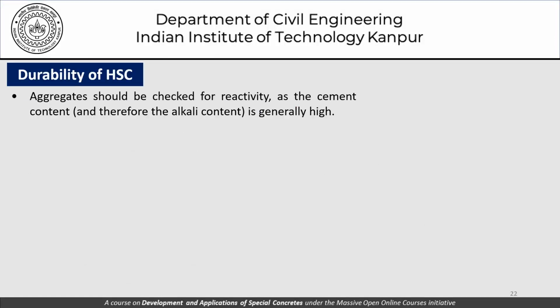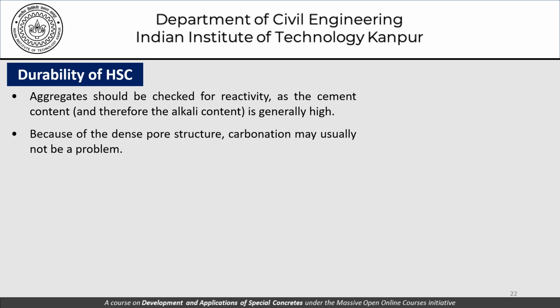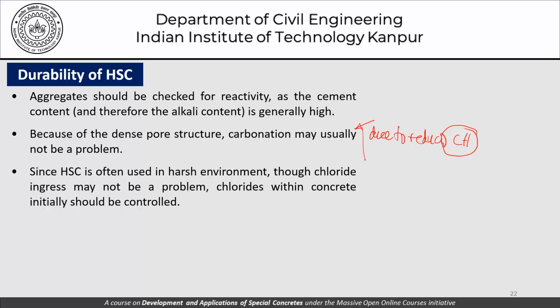Now coming to the last aspect, durability in high strength concretes. The aggregate should be checked for reactivity, as the cement content is generally very high. Because of the dense, low-porosity structure, carbonation may usually not be a problem, but I've already pointed out that, due to the reduced amount of calcium hydroxide available, we have to be careful about using this alone as a selling point in high strength concrete.